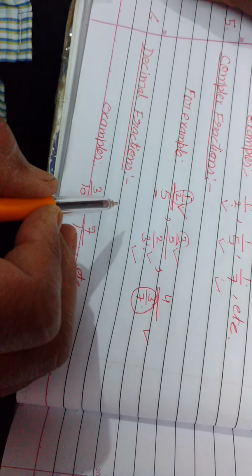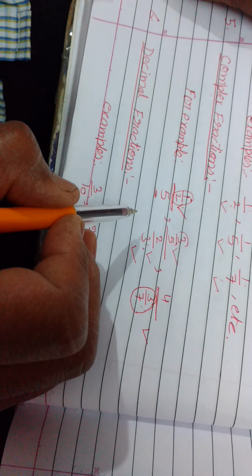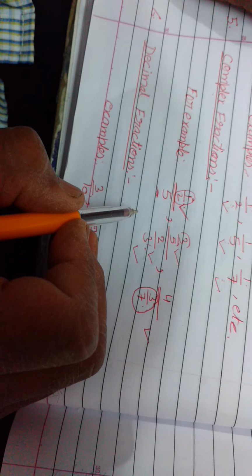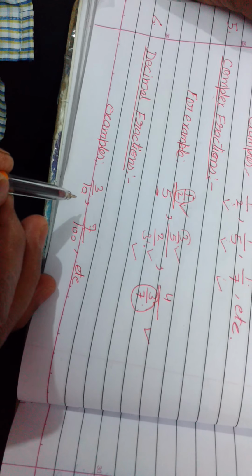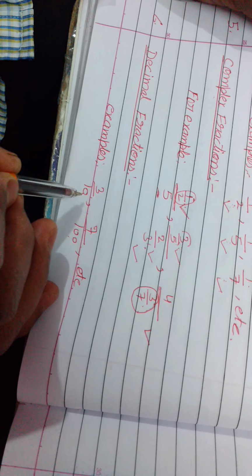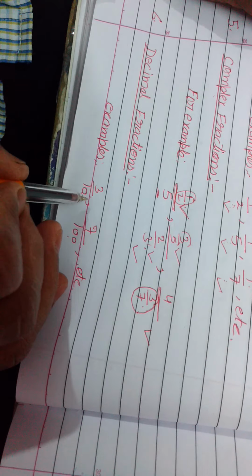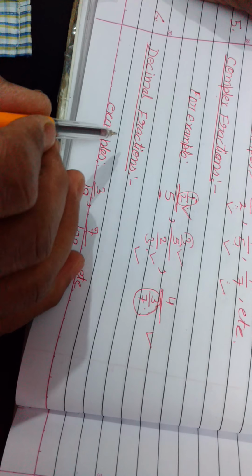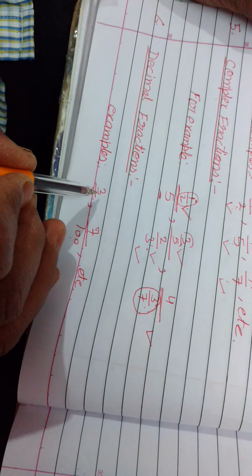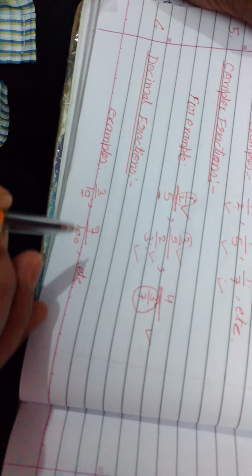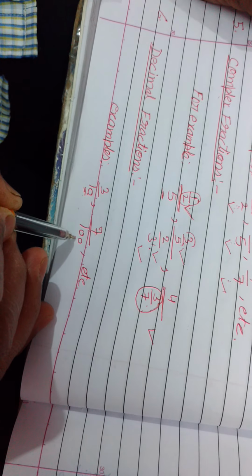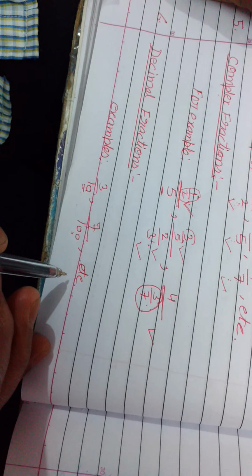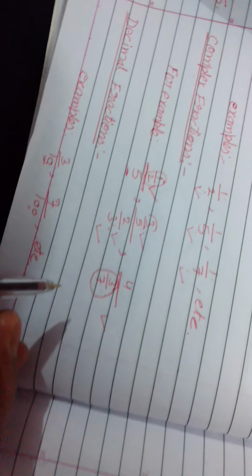Next one is decimal fraction. A fraction whose denominator is 10 or a multiple of 10 or a higher power of 10 is called a decimal fraction. Like 3 upon 10, the denominator is 10, and in 7 upon 100, the denominator is a multiple of 10. So these are examples of decimal fractions.